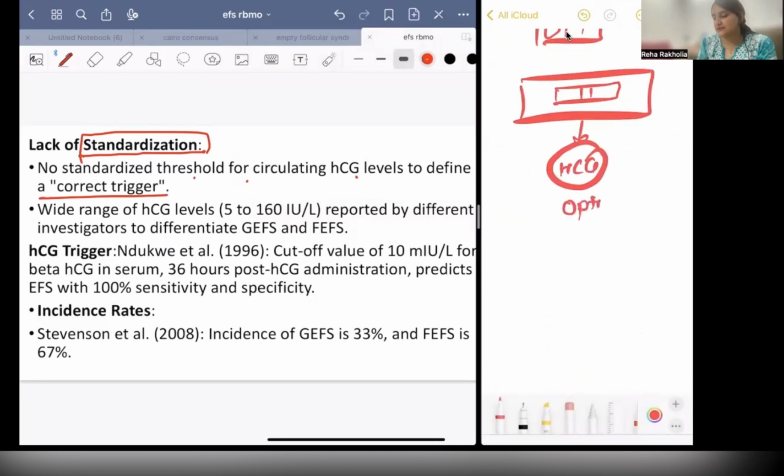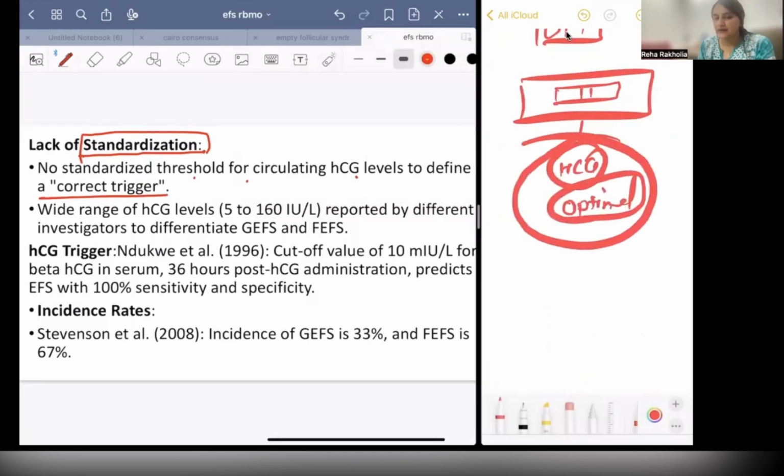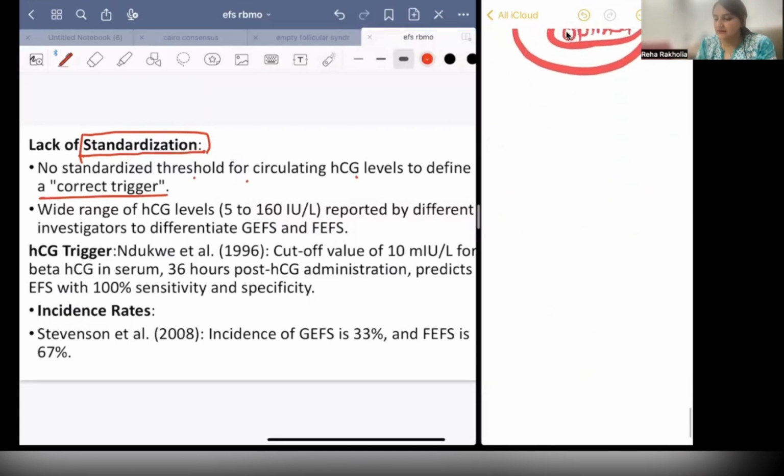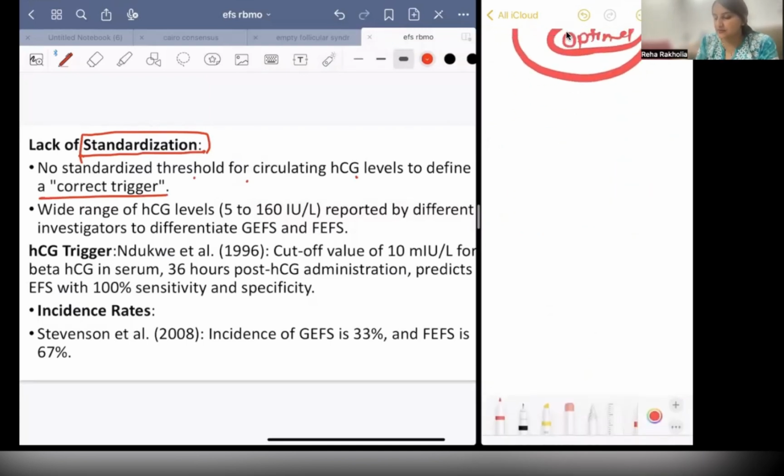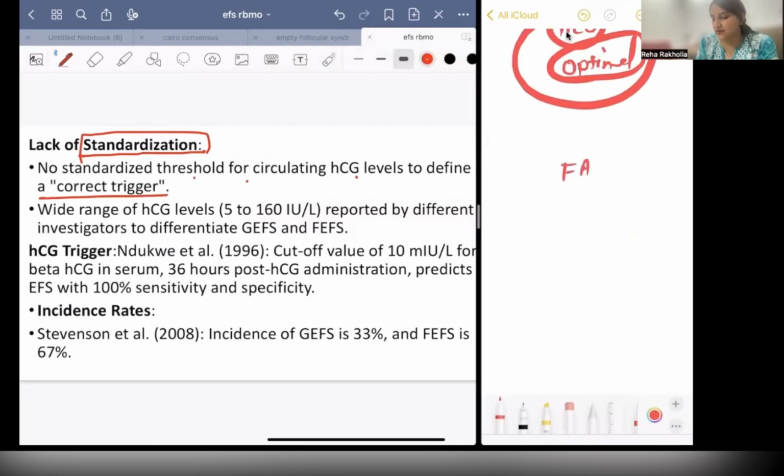And if it is negative, then there was something wrong with the trigger. So that's considered a false empty follicular syndrome. It means something was wrong on our side, like we were not able to give the trigger properly. Okay, but the cycle can be salvaged if the patient has false EFS.